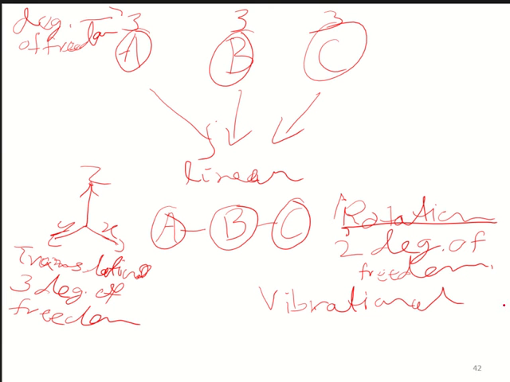So 3 plus 2, and what is left is 9 minus 5, which is 4 vibrational degrees of freedom. There will be 4 degrees of freedom, so this molecule can vibrate in 4 different ways.